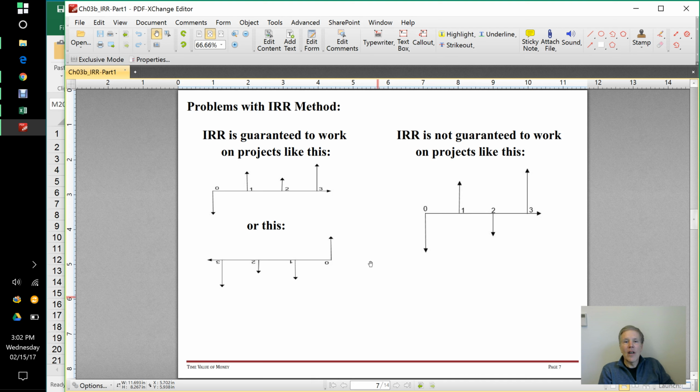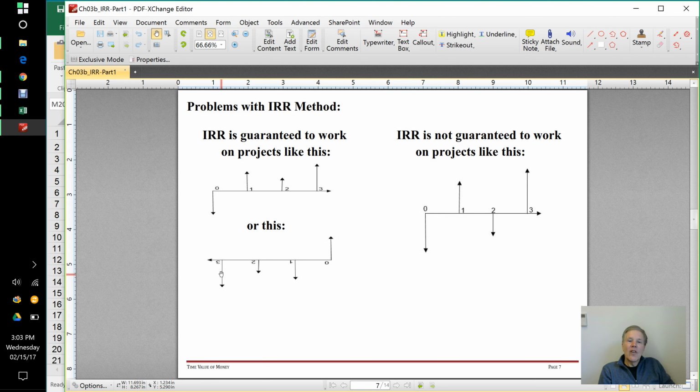If you notice here, these look an awful lot like the types of things that a lender would get involved in. This looks like it might be a bond or some kind of a loan where the lender gives the developer or the property manager some money and then enjoys some cash flows in return.